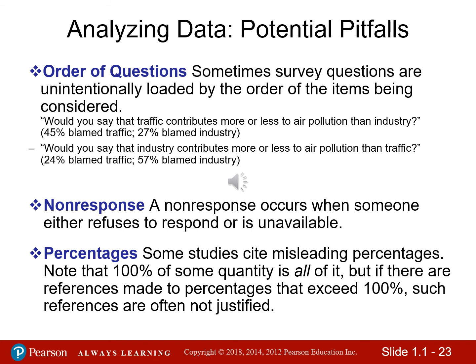The first question asked, would you say traffic contributes more or less to air pollution than industry? And 45% of the respondents to that question blamed traffic for air pollution, whereas 27% blamed industry. The second question that was asked was, would you say that industry contributes more or less to air pollution than traffic? In this question, 24% blamed traffic, while 57% blamed industry.